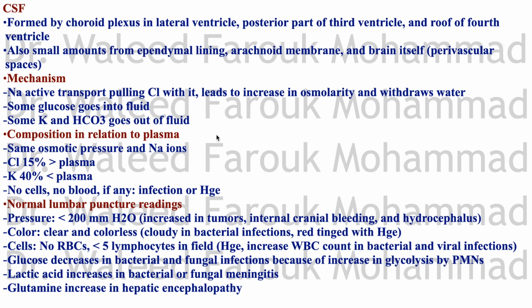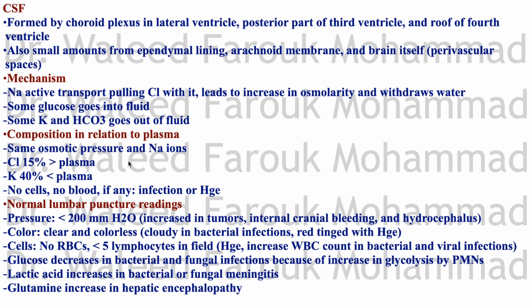Mechanism of formation: it's by sodium active transport pulling chloride with it. This increases the osmotic pressure, so it withdraws water with it. And some glucose goes into the fluid, and potassium and bicarb go out of the fluid.